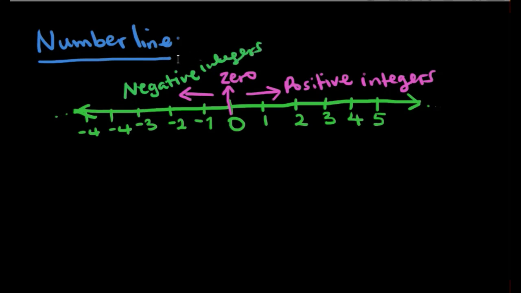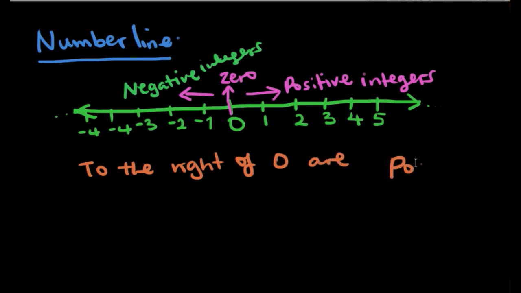Now the other thing that you need to know very well is that numbers to the right of 0 are positive integers. So in other words, these numbers to the right of 0.